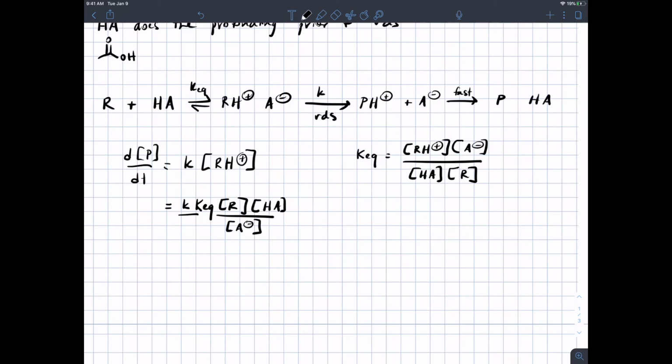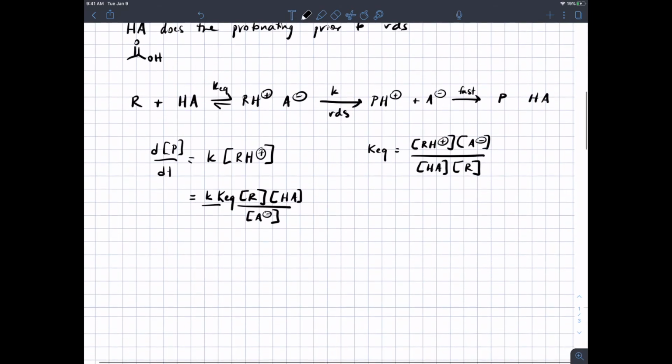All right, well, there are a few other things we know that can allow us to eliminate some things from this equation that we don't know very well.